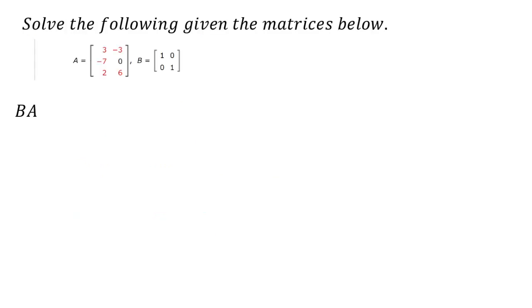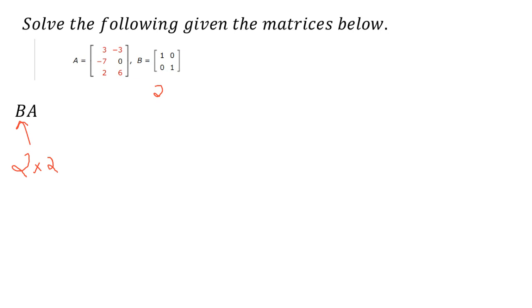All right. On this particular one, it says solve the following given matrices. B times A. Can I multiply these two matrices, B times A? Let's see. Let me write it over here. B is 2 by 2.